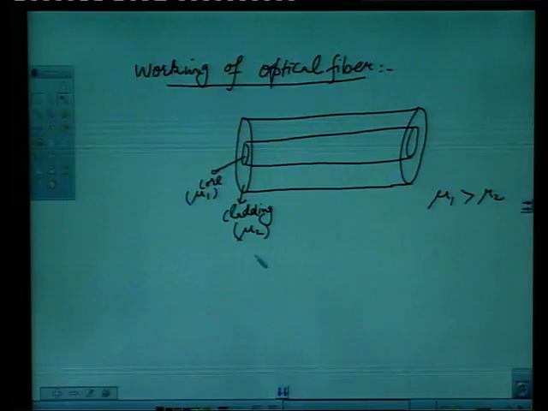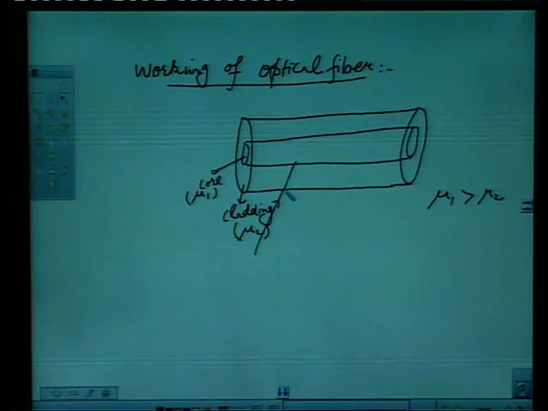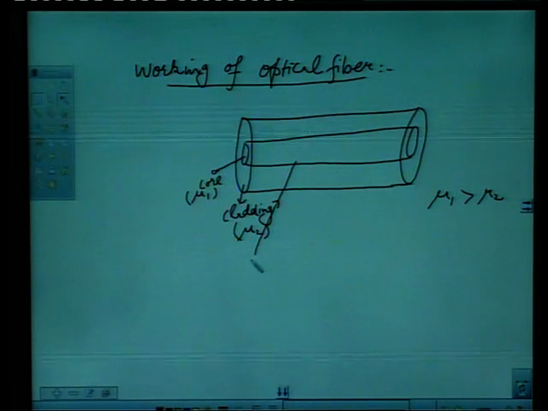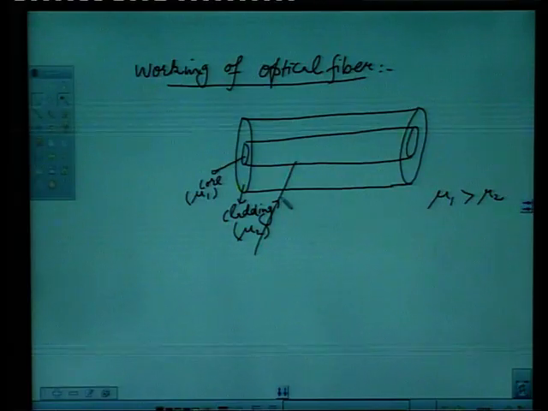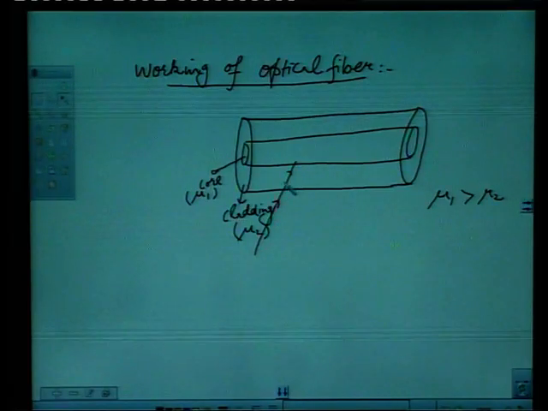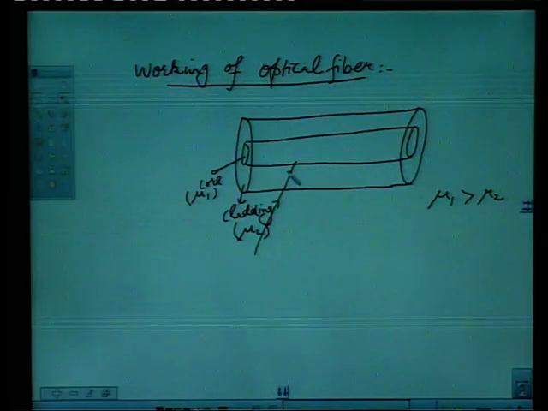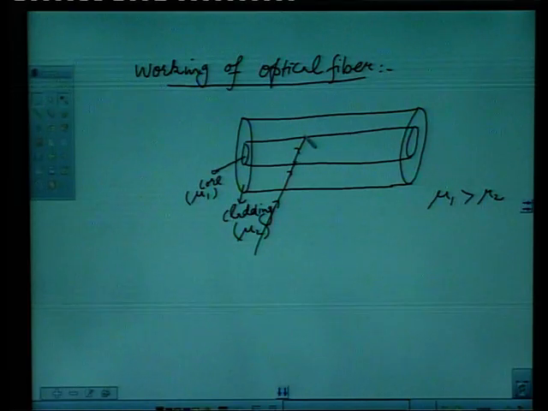Let us suppose a light ray is moving from air into the optical fiber, then at the interface of cladding and air it will suffer some refraction. So it will move towards the normal and then it will come to the interface of core and cladding.